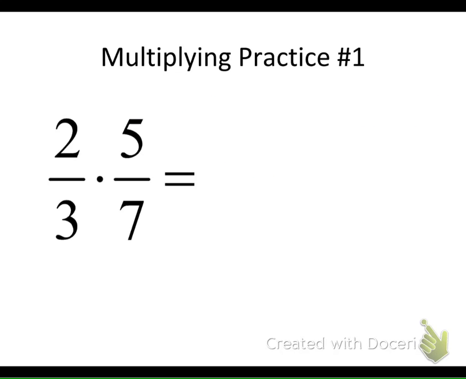So go ahead and write next to practice number 1, 2 over 3 times 5 over 7. So 2 over 3 times 5 over 7. Now, Daisha, read step number 1 to me from your note sheet.